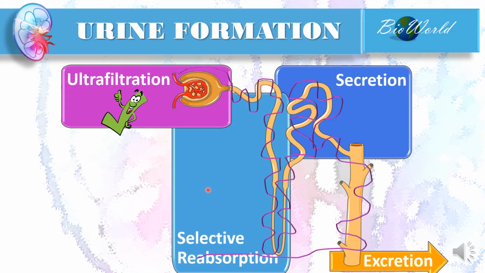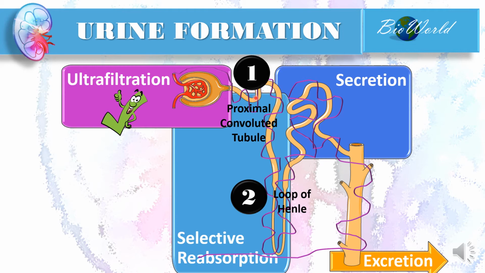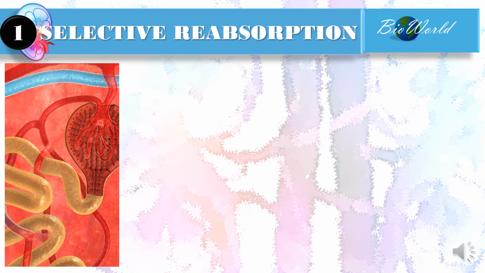So now we move to the process of selective reabsorption. Selective reabsorption occurs in two locations, firstly at the proximal convoluted tubule and secondly at the loop of Henle. The proximal convoluted tubule has a hollow passage to transport the glomerular filtrate.